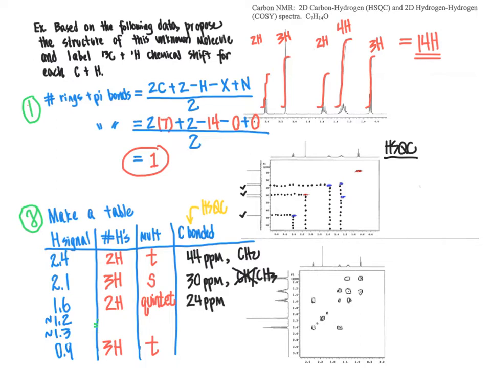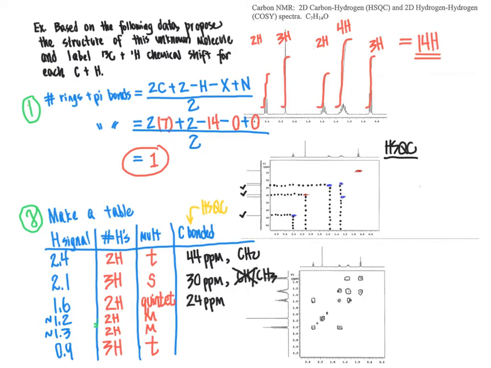Each of those integrates to 2, hence the reason that the total signal size there, right here, integrated to 4 was because it's 2 plus 2, and they're too closely spaced to tell them apart, to resolve them, because they're in very, very similar chemical environments. The multiplicity of each of those I'm going to list as a multiplet because, due to the fact that they're so run together, we can't tell what the multiplicity actually is here.